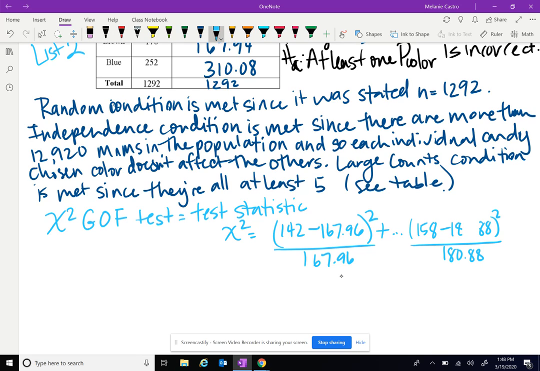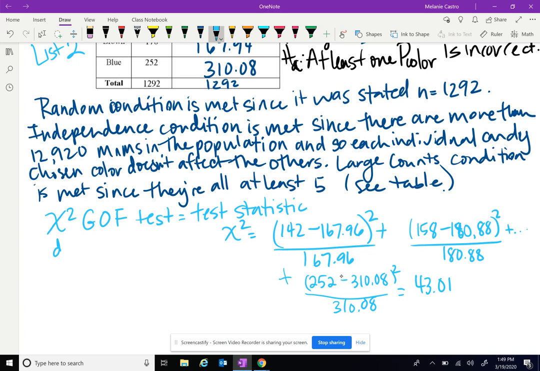Okay, and we can show our work that way. The last one, for blue, we observed minus we expected. Okay, and so once you do all that, you get a chi-squared test statistic of 43.01.